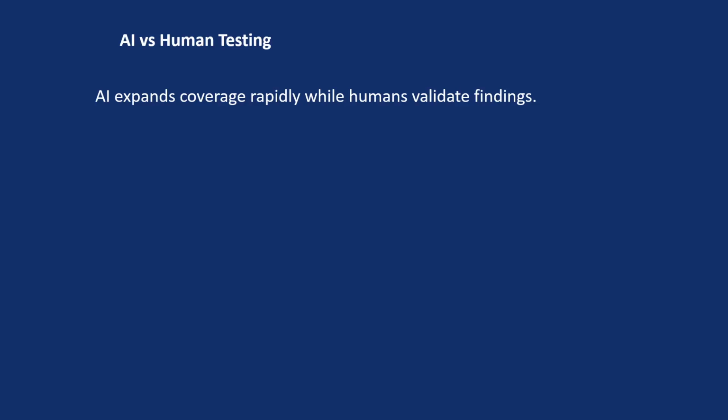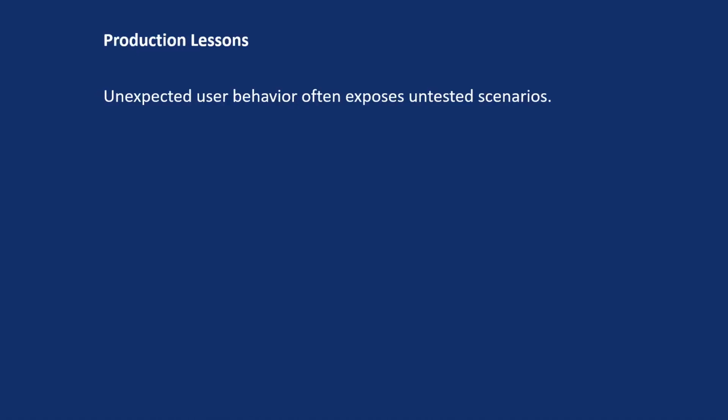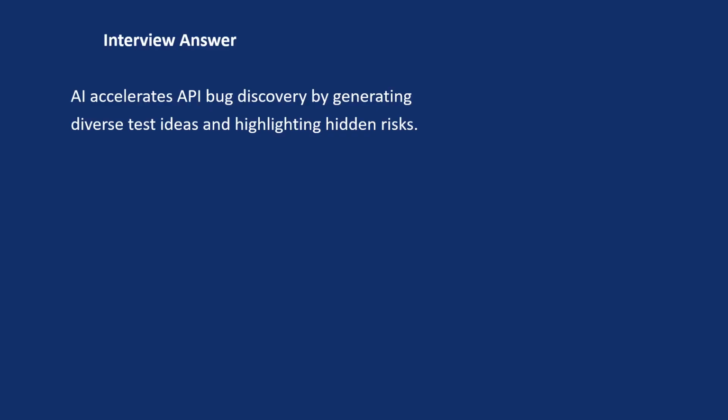Human testing is based on manual thinking, AI testing is pattern-based. Human testing always has limited coverage and AI testing has full coverage. Unexpected user behavior often exposes the untested scenarios.